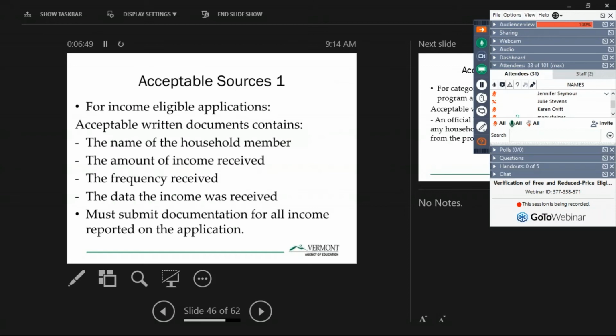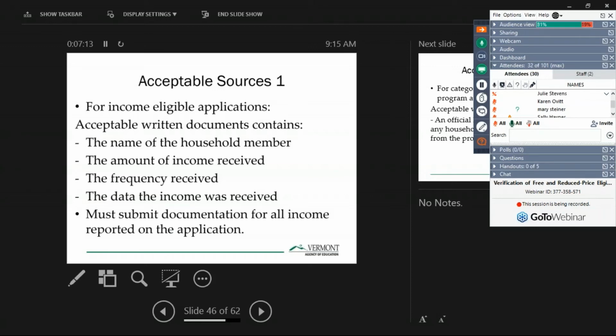So let's say they respond to your initial request, or that second attempt did it and they're sending you in backup documentation. What are acceptable sources of documentation? If it's an income eligible application, they put down their income that they receive and they were approved based on that information.